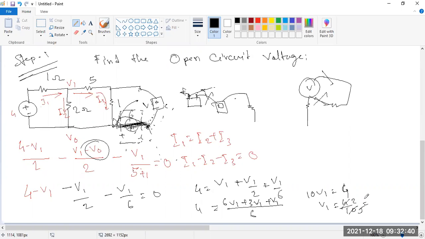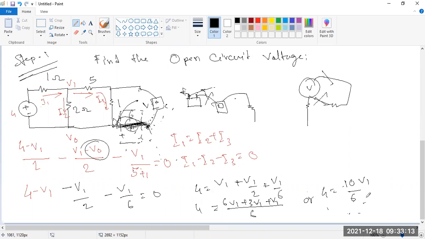Sorry, this is 4, and this is 4 by 6, sorry. Here some calculation is not okay. Okay, this is 10 by 6. Okay, 10 by 6, or this is 4 equal to 10 V1 by 6.